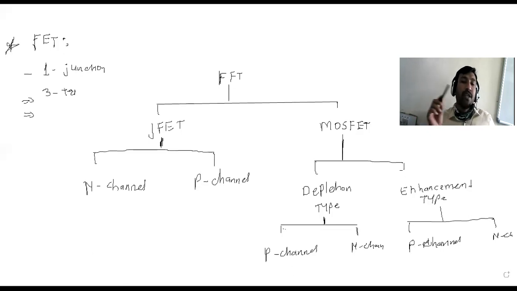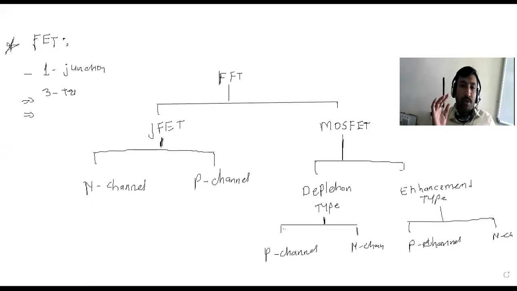JFET is again divided into 2 types, that is N channel and P channel. MOSFET is again divided into 2 types, depletion type and enhancement type. Depletion type is again subdivided into 2 types, that is P channel and N channel. And enhancement also P channel and N channel.